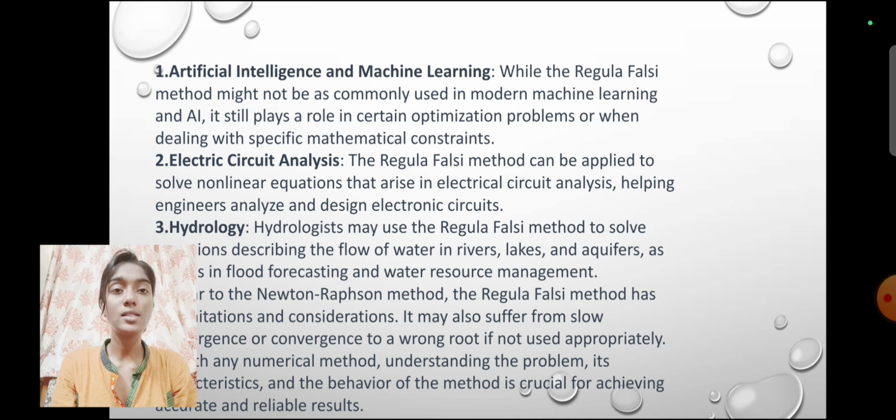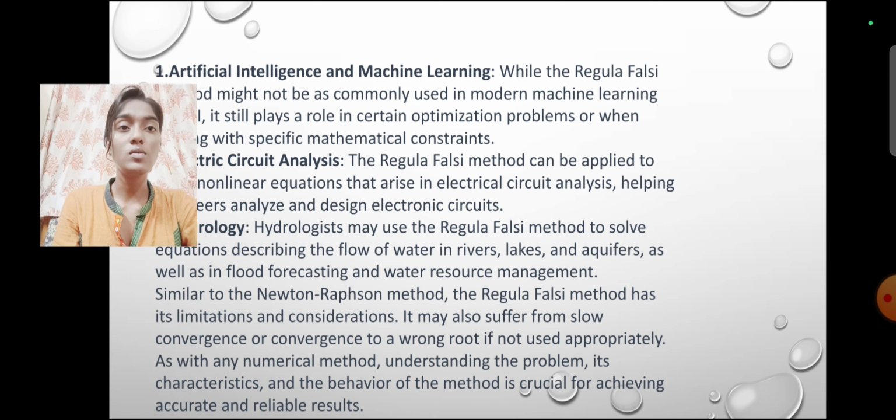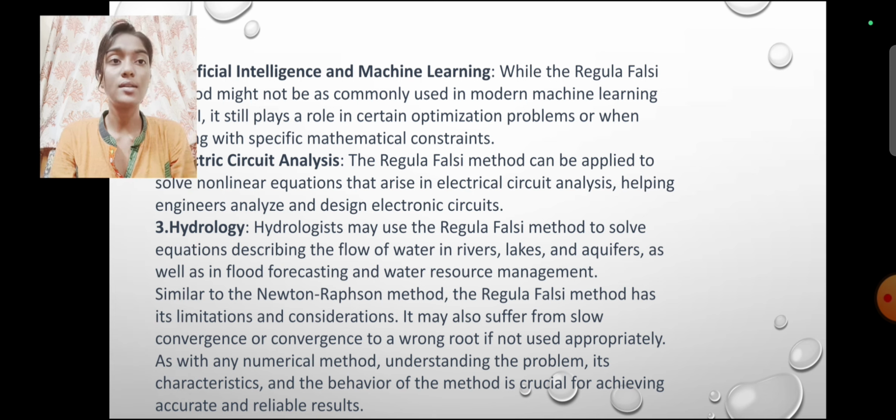The third one is hydrology. Hydrologists may use the regula falsi method to solve equations describing the flow of water in rivers, lakes and aquifers, as well as in flood forecasting and water resource management. Similar to the Newton-Raphson method, the regula falsi method has its limitations and considerations.